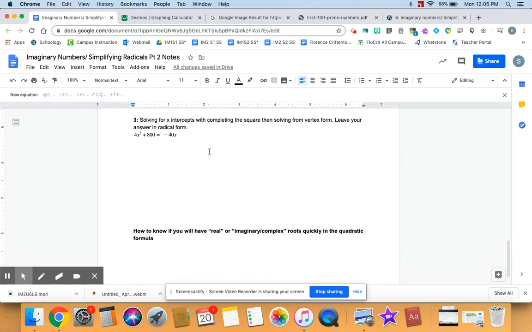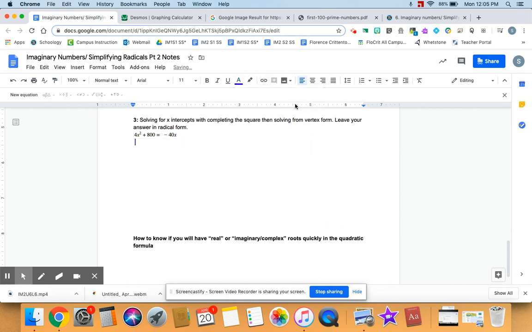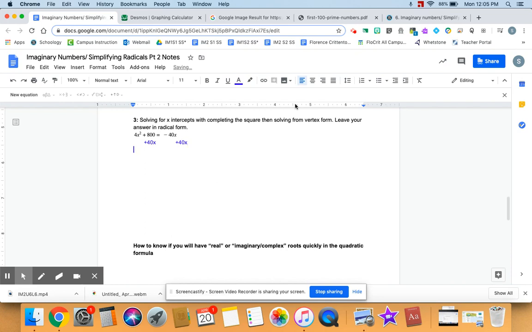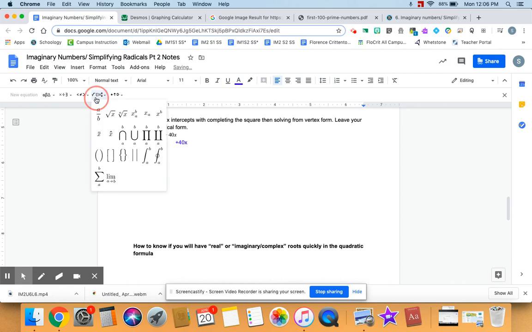First of all, it's almost in standard form. The reason why it's not is because it doesn't say equals 0. So to fix that, all I gotta do is add the 40x because it says minus 40x, so I'm gonna add it to this side and to this side, which means my equation becomes 4x squared.